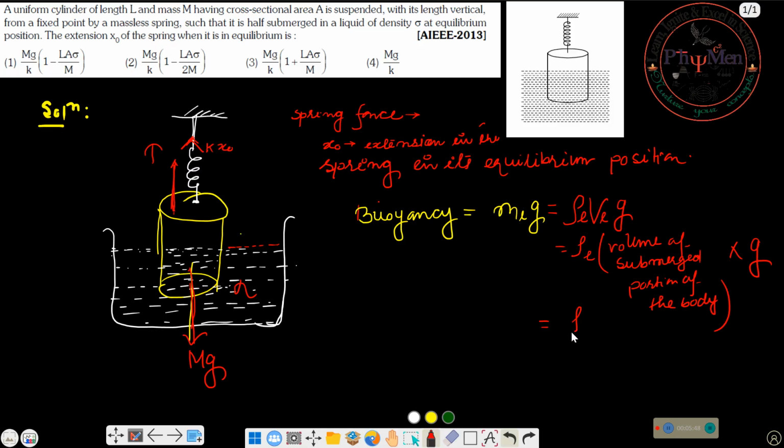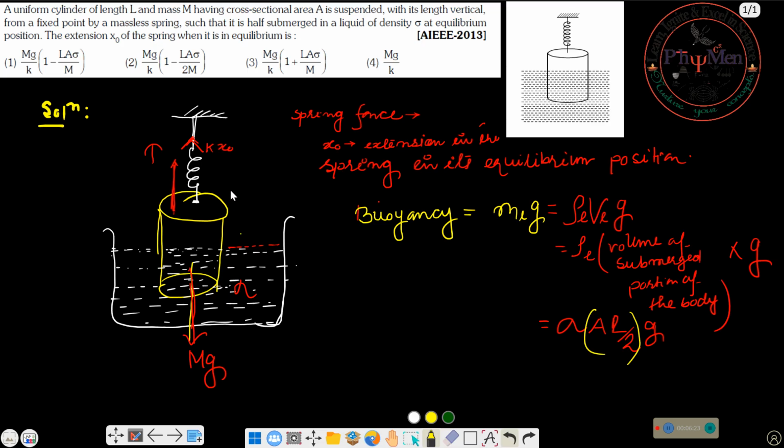So you can write it as rho_L, the density of the liquid, which is given as sigma. The volume of the submerged portion is the area of cross section of the body times its submerged length. The length is given as capital L, so it is L by 2 because it is half submerged. So the volume is A into L by 2, and the buoyancy force is sigma A L by 2 into g. This force also acts upward.